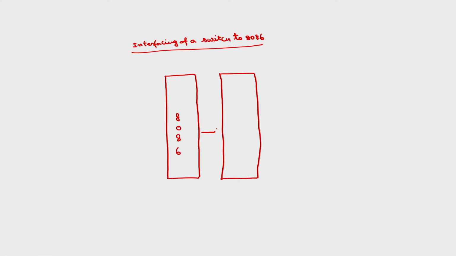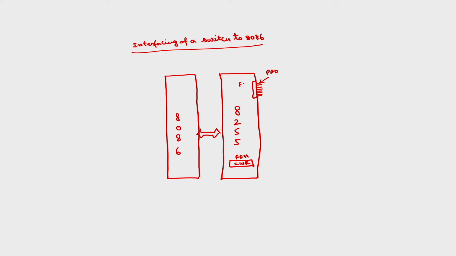So, the connections are such that I will take the same 8255 control word register. Let the address of this one be FFH, and this is port A, this is PA0.